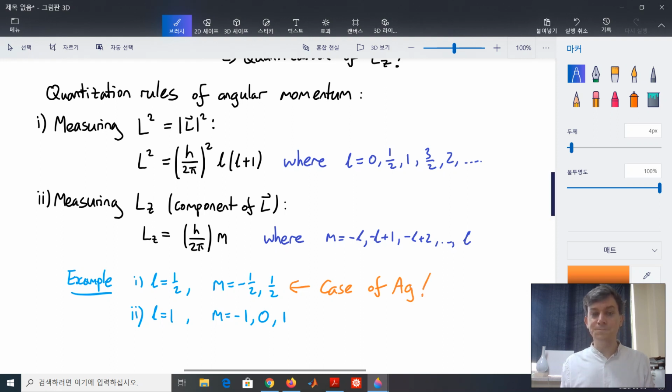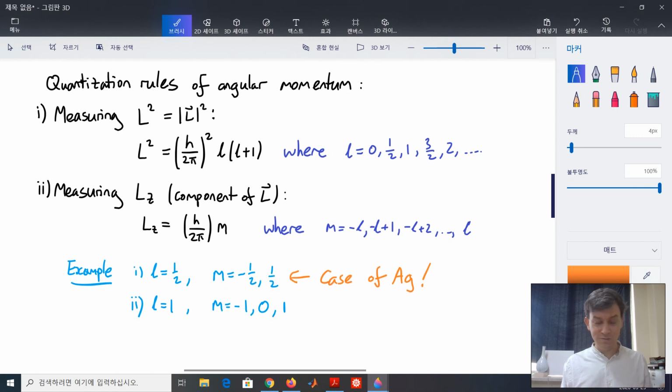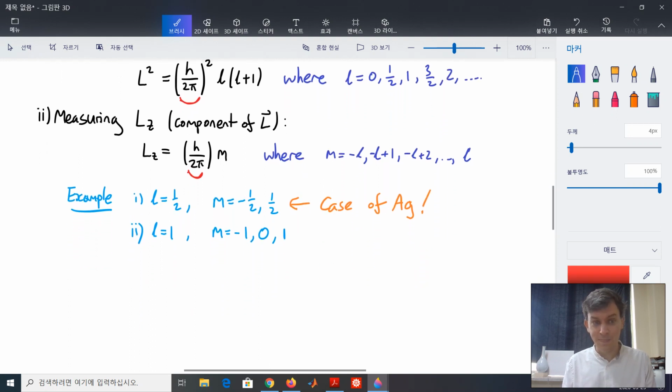Right, so those are the rules. Like I said, these apply to any system. No matter what your system looks like, its angular momentum will always be quantized in this way. A little bit of notation now to keep this more simple. You see here both quantization rules have the same constant h over 2 pi, and actually h often comes divided by 2 pi in quantum mechanics.